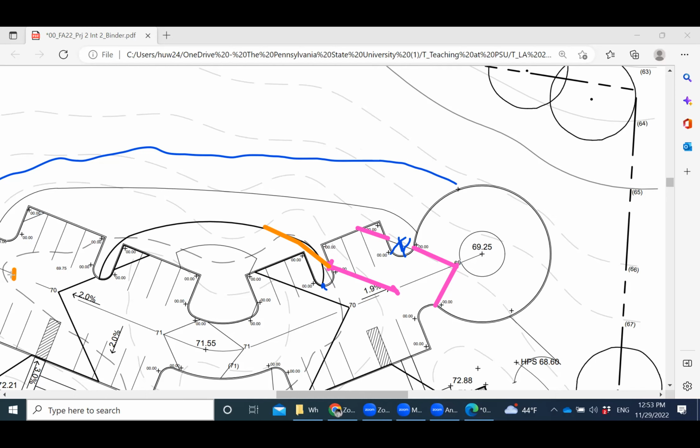For 70, you would look for where 69 is here. Looks like it's going to be, again, a little bit far away, something like this. So that connection happens right here. And then don't forget to get rid of the half line.